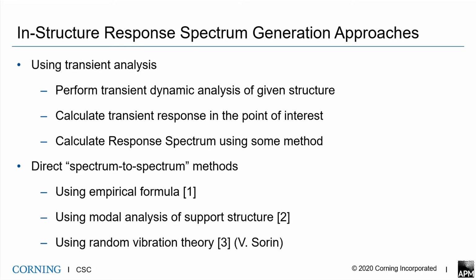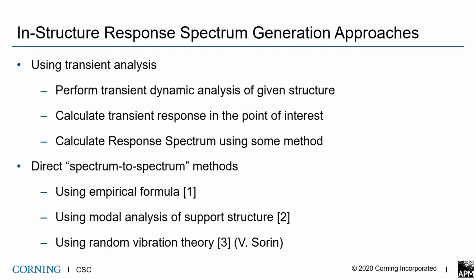There are two main groups of methods to calculate such a spectrum. The first one is the time history method. This method implies that the structure itself and the equipment are treated as one system. Then we perform transient dynamic analysis of this system and extract the time history record from the equipment mounting point.